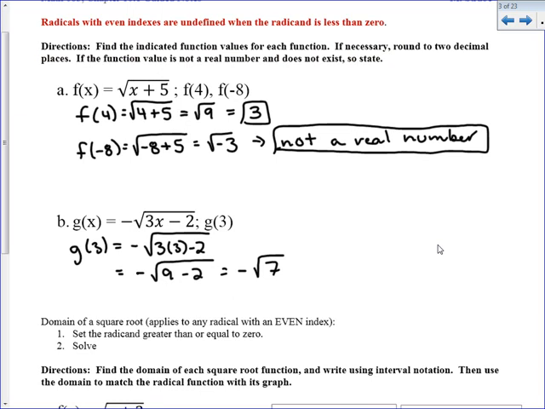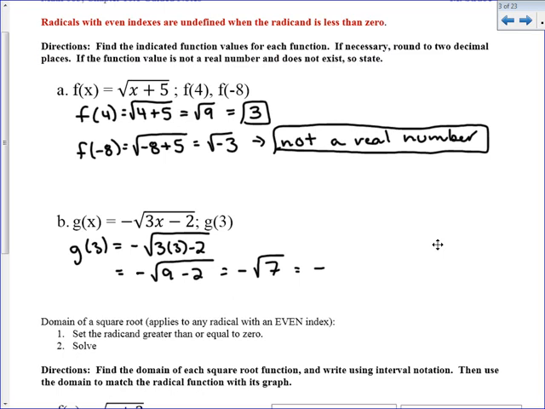Is that going to be a real number or not a real number? It's a real number. It's not perfect, but this particular set of directions said you could get decimal approximations. When the negative sign's out front, it just means your answer is going to have a negative sign in front of it. So negative sign out front is always okay.